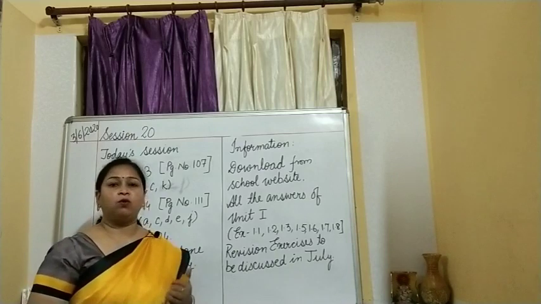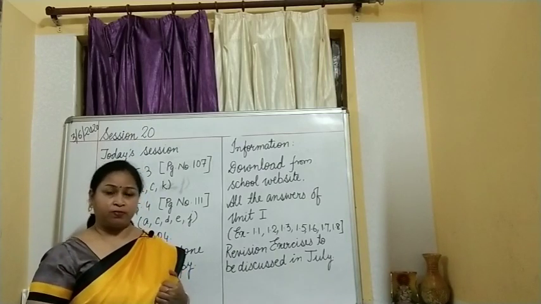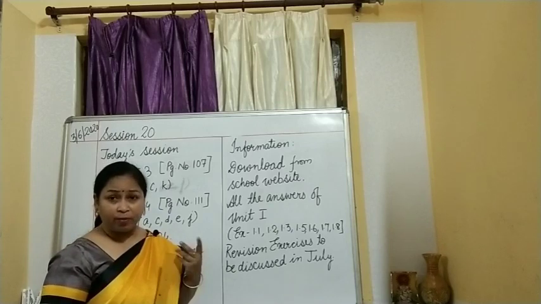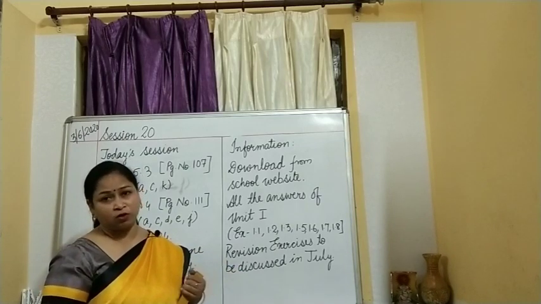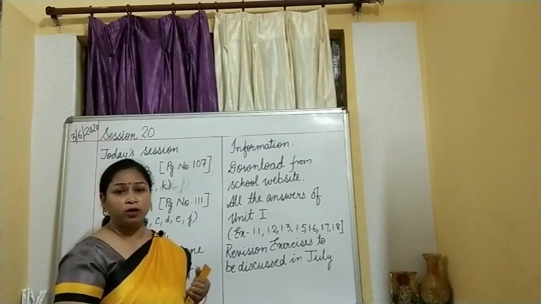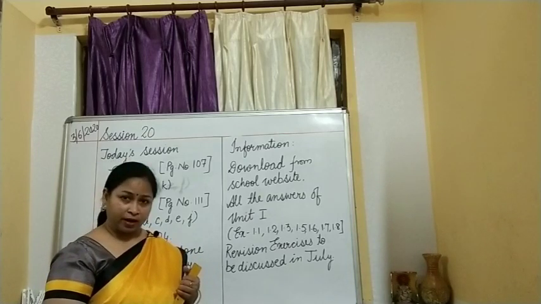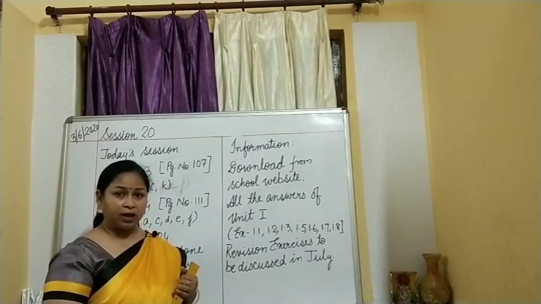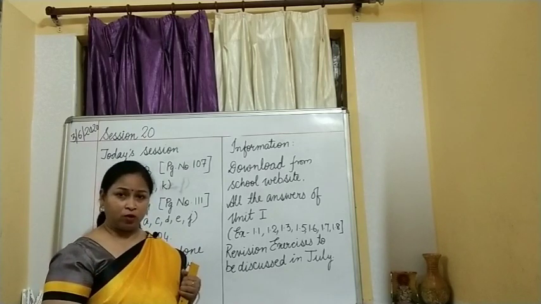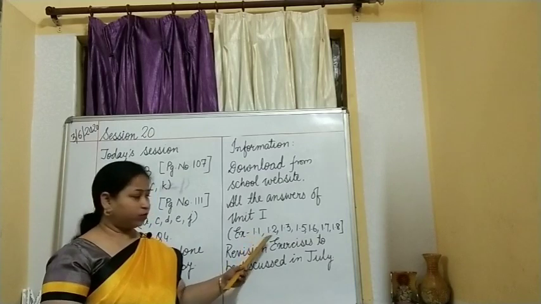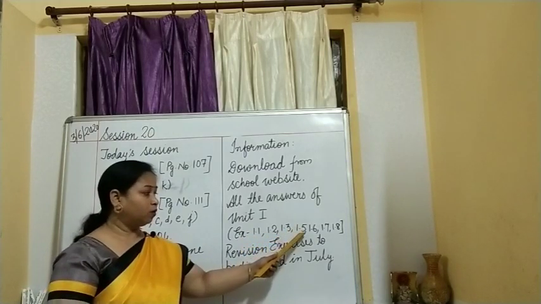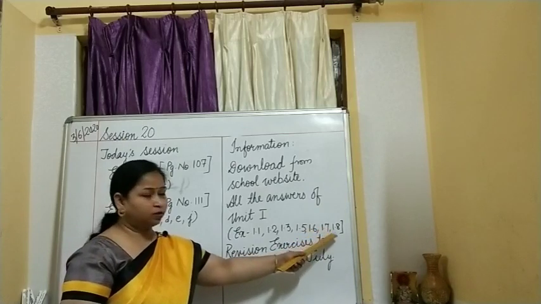Okay, and one more information. I know that you all have completed unit 1. Long back we completed, isn't it? But I am unable to check your copy because of this lockdown. So, how to know whether you have done your work correctly or not? For that, I have a solution. I have written all the answers of unit 1, all the exercises 1.1, 1.2, 1.3, 1.4 I told not to do, 1.5, 1.6, 1.7, 1.8.